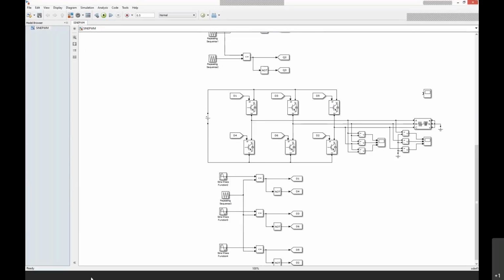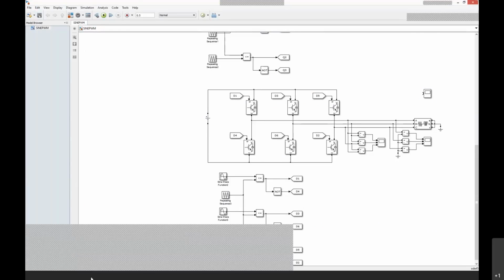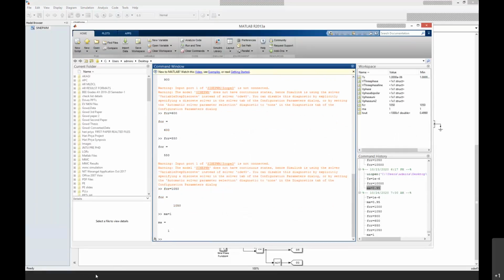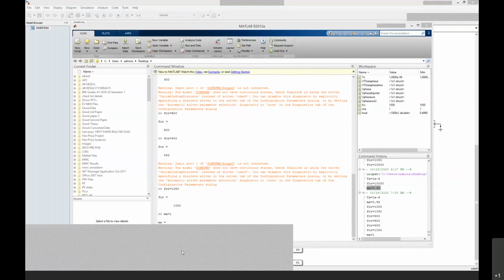that we know that for PWM at fundamental frequency, the output voltage is 0.612 of the line voltage, right? Okay. So MA corresponding to 1, I have given MA equal to 1. Right.